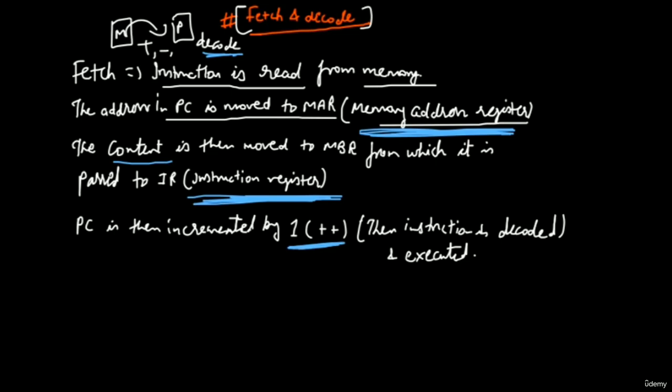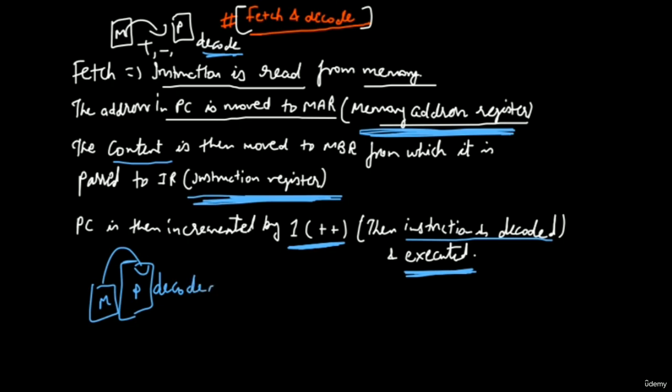To get the next value that is required. Then the instruction is decoded, and finally it gets executed. So this is what happens in fetch and decode. In two simple words, fetch data from the memory to the processor, and that processor is going to decode and execute. That's all it is. That's what it means technically.